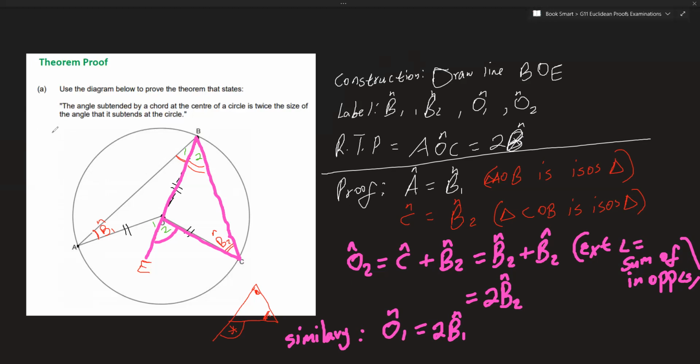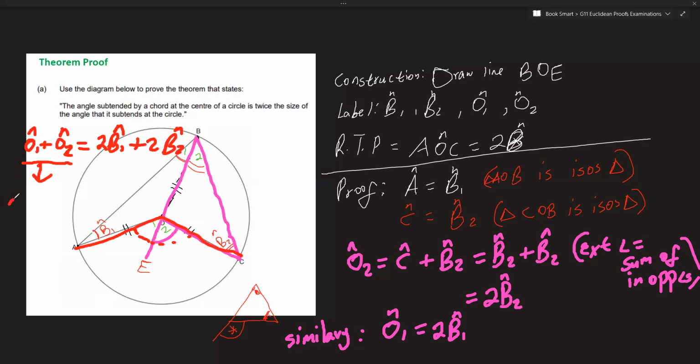So now I'm going to add angle O1 plus O2, where O1 is 2 angle B1, and O2 is 2 angle B2. But remember, angle O1 and O2, when you add them, give you AOC. So I'm going to replace this part with AOC. They give me that whole thing there.